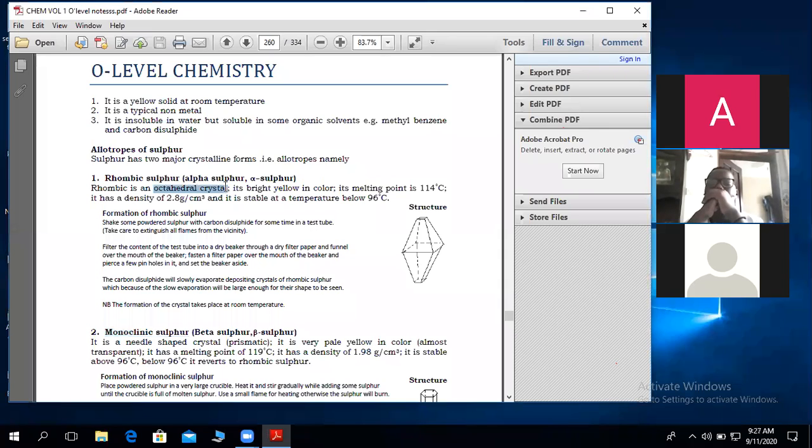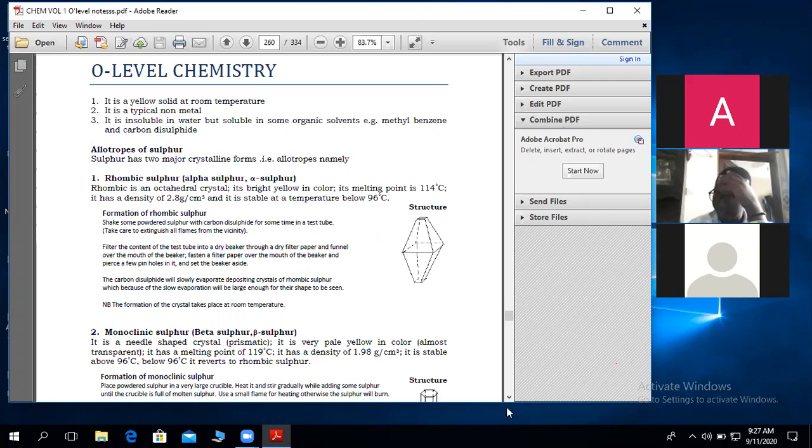It is an octahedral structure, and this is its structure, which you will draw carefully in your book. So if I were to ask the differences, number one, rhombic sulfur has an octahedral crystal structure. It is drawn here. Then it also exists below 96 degrees centigrade.